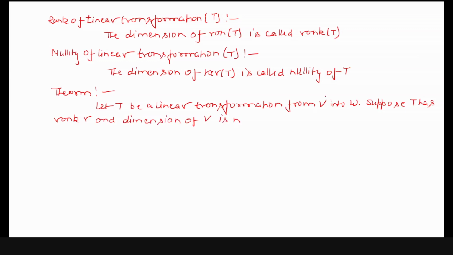Then the nullity of T is n minus r. So the rank of T plus the nullity of T is equal to n, which is equal to the dimension of V.